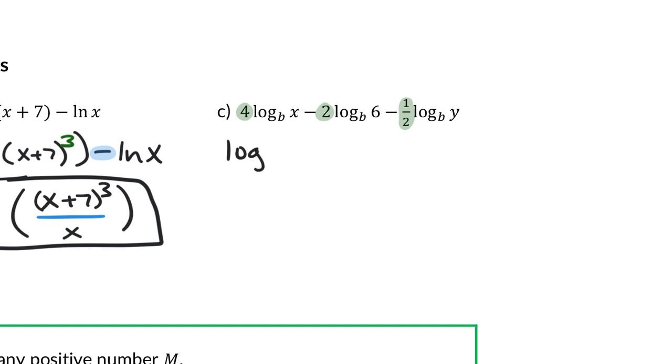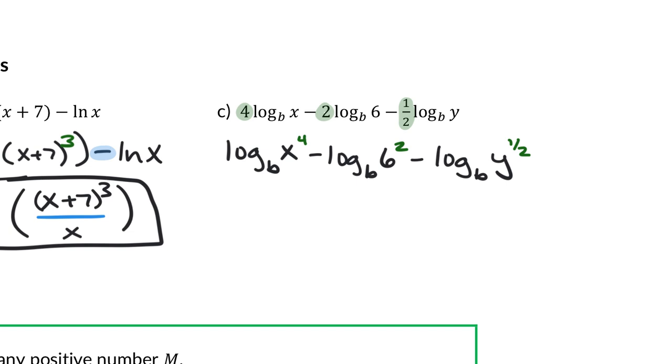This is log base b of x to the 4th power minus log base b of 6 to the 2nd power minus log base b of y to the 1/2 power. That's all using the power rule. They're all the same base, so I can start to condense them into a single logarithm.